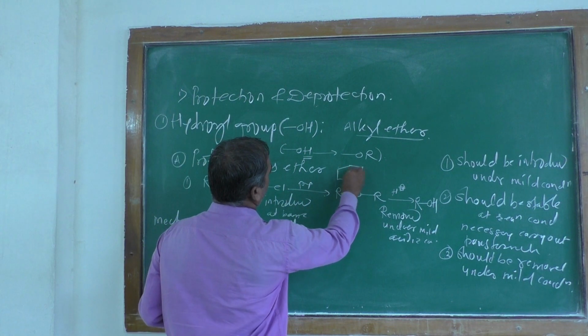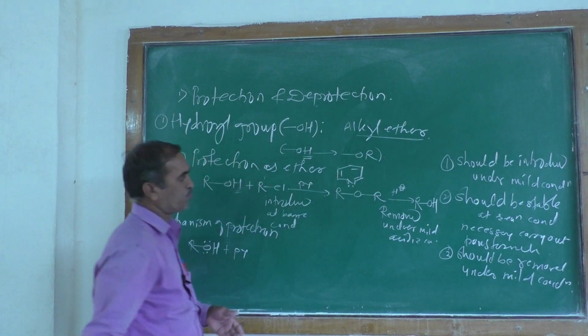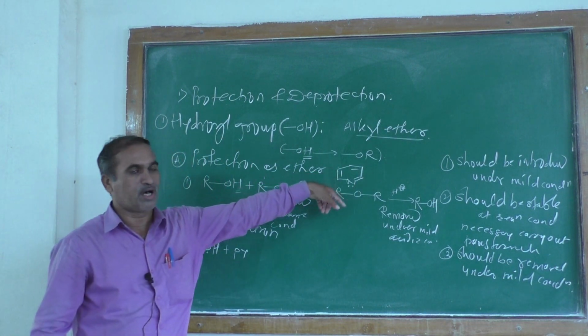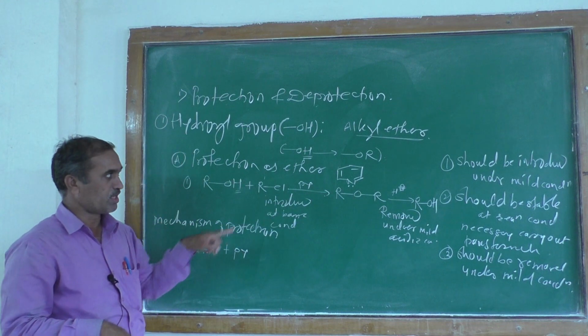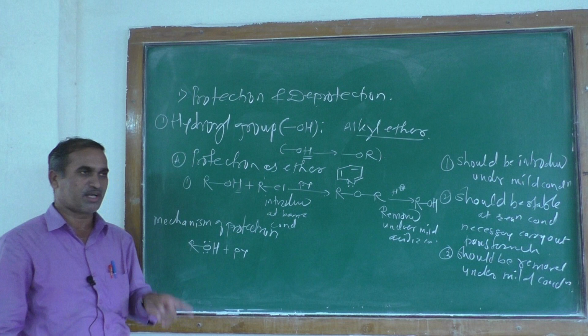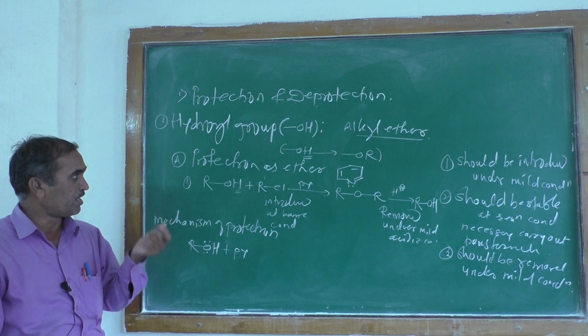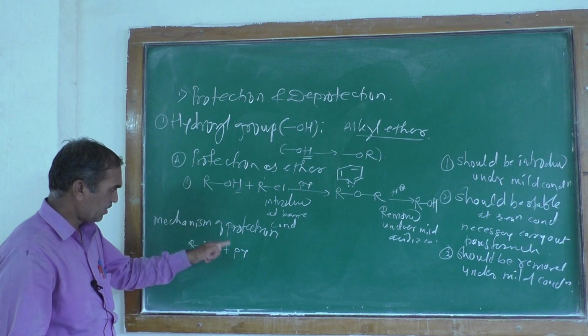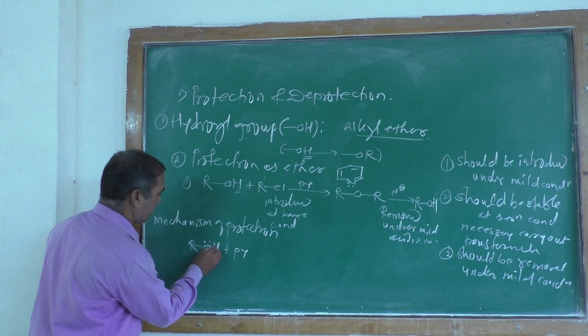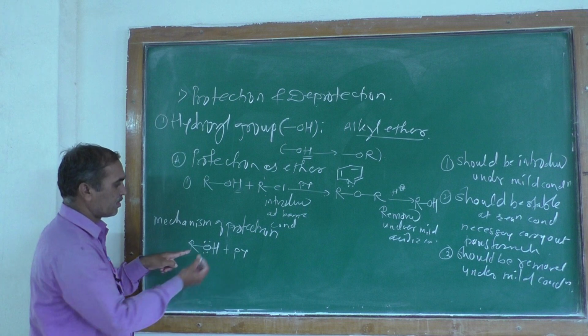It has a lone pair on it, and it is an aromatic compound where that lone pair is not involved in delocalization, so it is free for donation, and that's why pyridine acts as a weak base here.